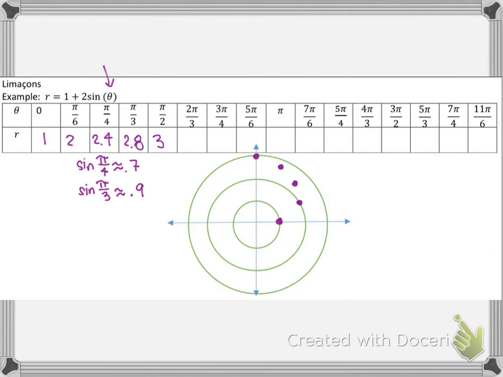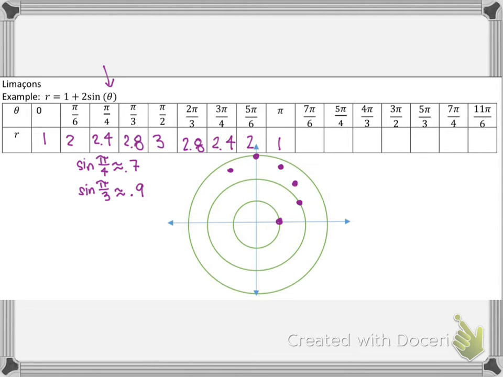2 pi over 3, well, since sine is the same in the first and second quadrants, these are just going to be mirror images of these values. So this graph is going to be symmetric over the y-axis.